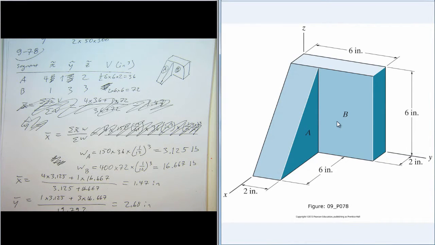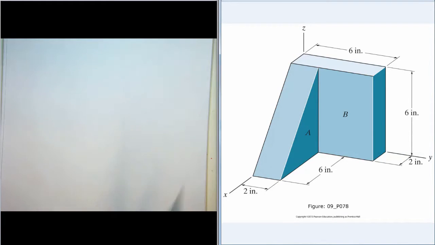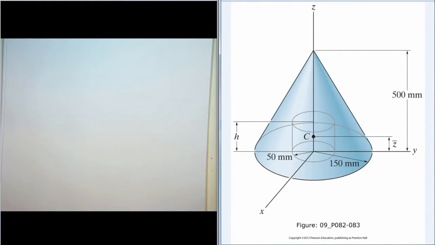So this is number 83. We want to find the distance z bar to the centroid, where we have this cone with a hole, where h is 50 millimeters.